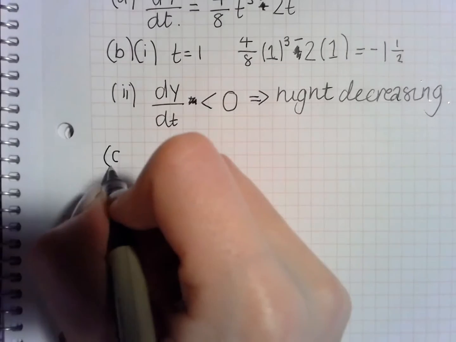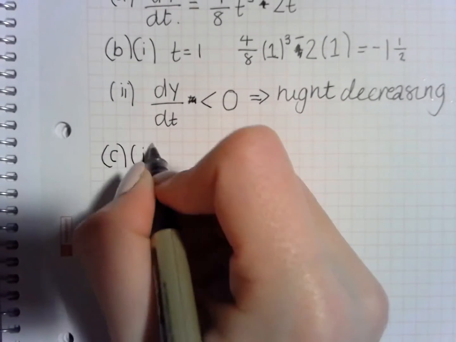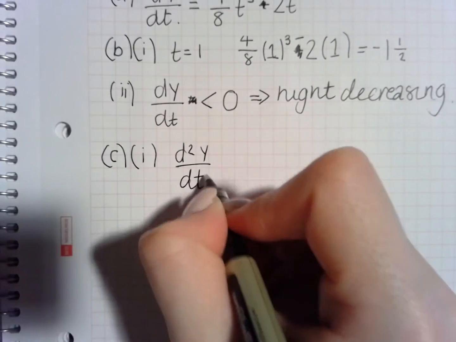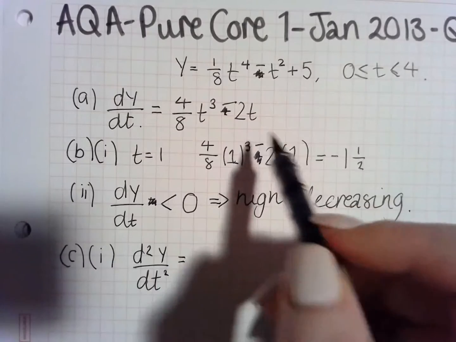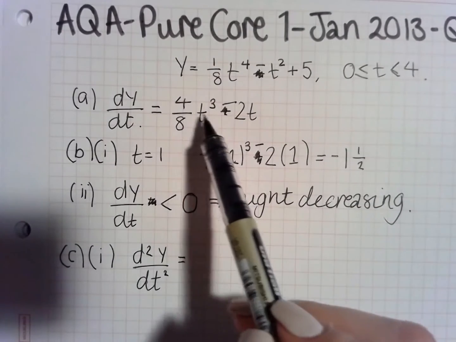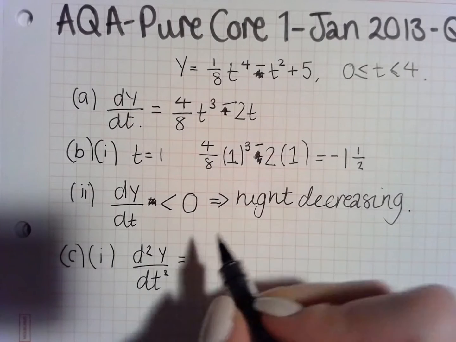Part C. Part I. Find the second differential. So we're just going to differentiate this again. So 4 over 8 times 3, so that's 12 over 8.